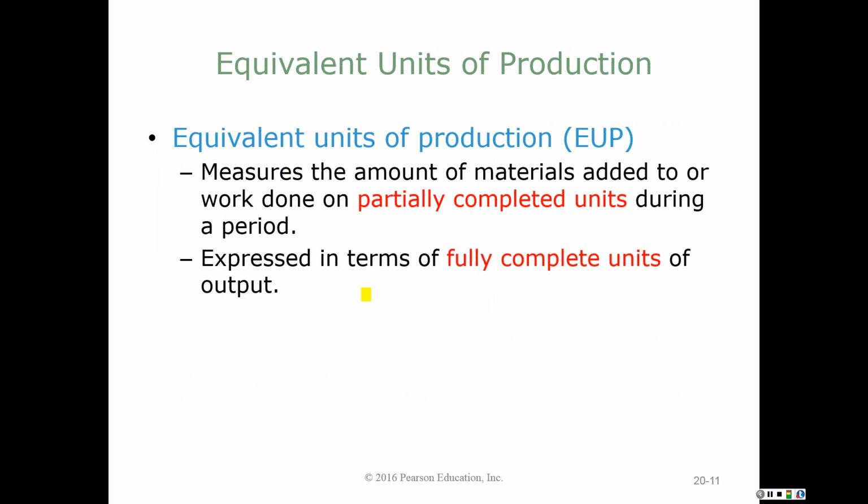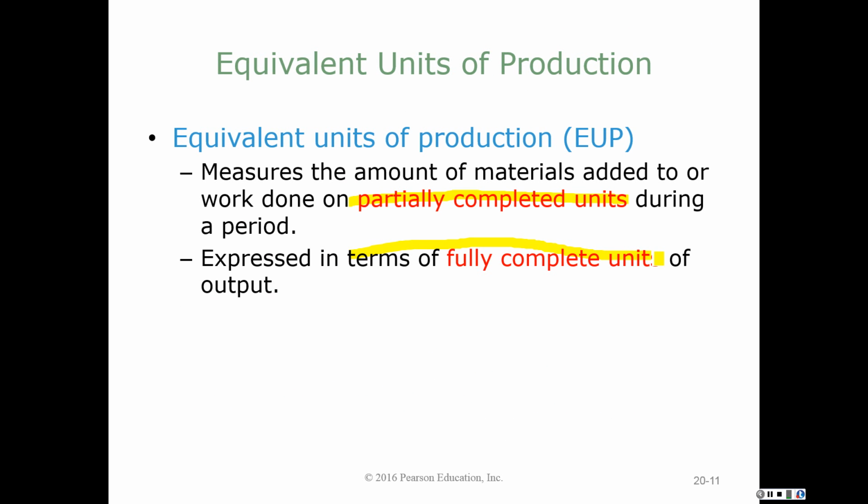So in essence, equivalent units of production: we're basically saying we need to know the amount of materials or cost that have been added to partially completed units during a period, but we're going to express those costs in terms of fully complete units. Do I need to say that again? I'm sure I do.